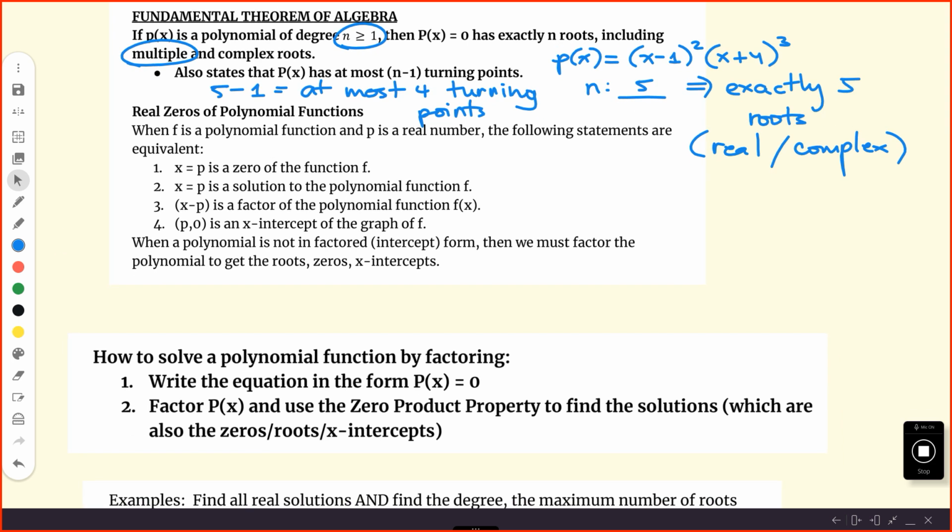Also, let's define this. Because sometimes on the test, you'll be asked to write your answer as a zero or solution, or as a factor, or as an x-intercept, okay? So for example, let's say this is our polynomial. p of x equals x squared minus 4x plus 4, written in standard form, okay? We know that we can factor this, right? What's the factor of x squared minus 4x plus 4?